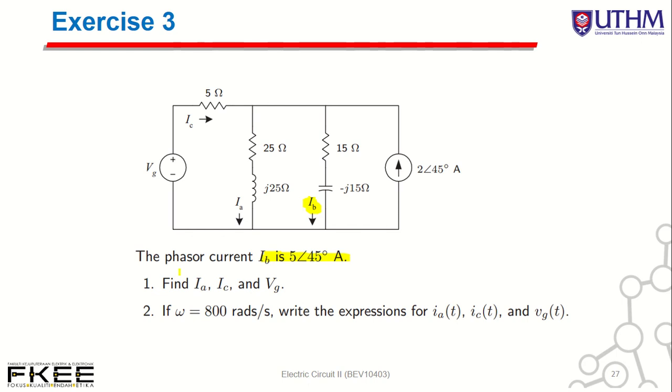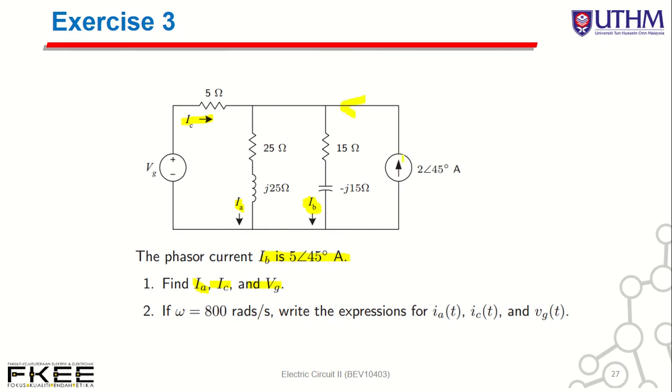The question is, you need to find IA, IC, and the voltage VG. Given IB, find IA and IC.